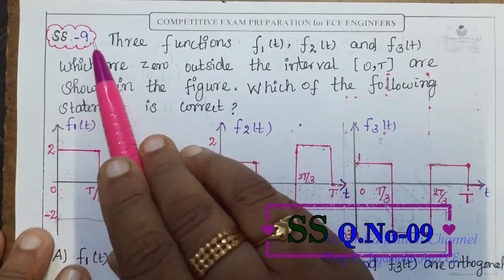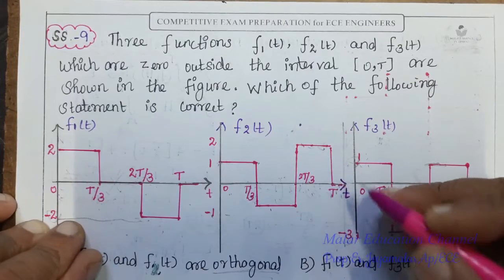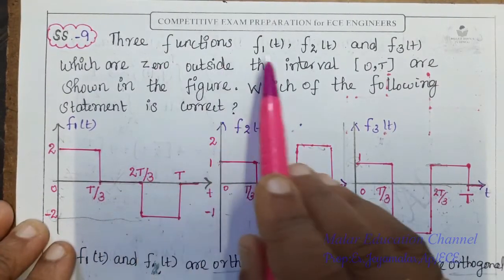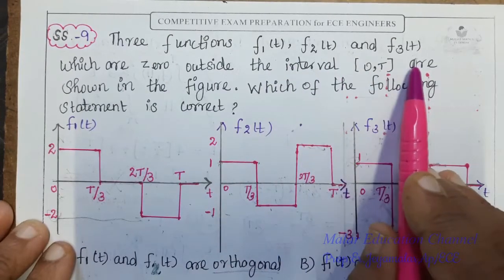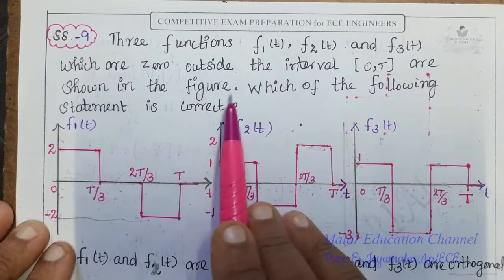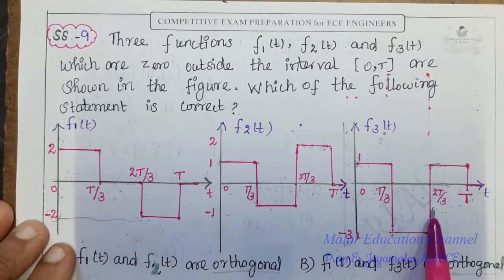Signals and systems, question number 9. This is a very easy problem, but it will take a little extra time to solve. Let me try. Three functions f1 of t, f2 of t and f3 of t, which are 0 outside the interval 0 to T, are shown in the figure. Which of the following statements is correct? Options are given. Let me check one by one.